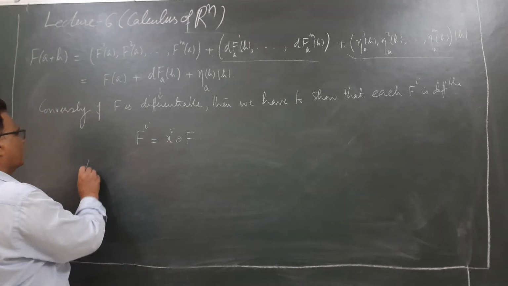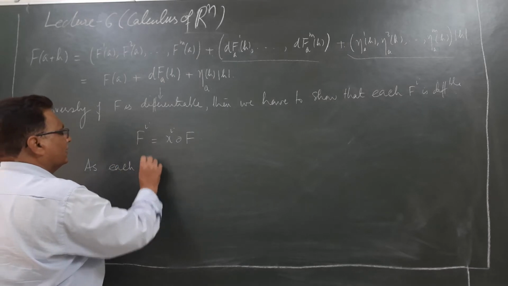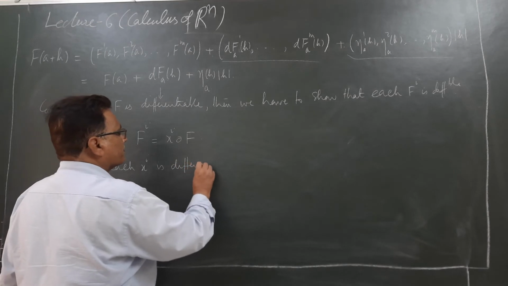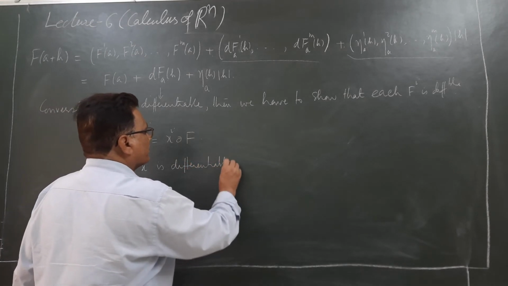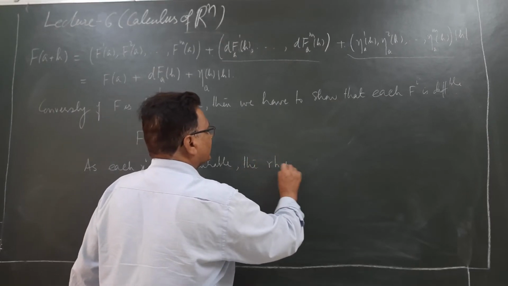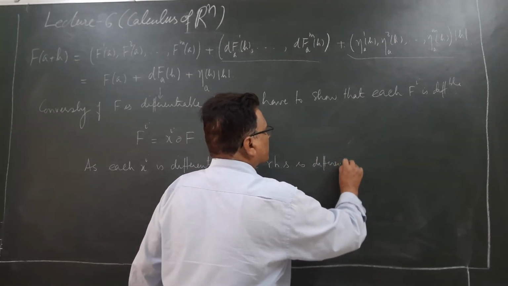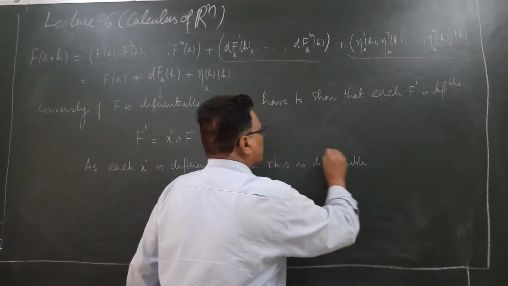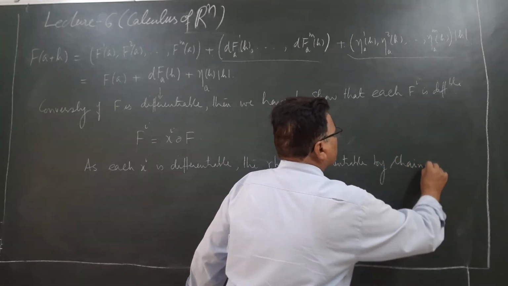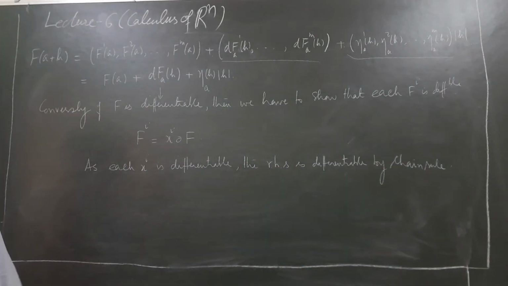So as each x_i is differentiable, the right hand side is differentiable by the chain rule. That means f_i is differentiable for each i, and you are done.